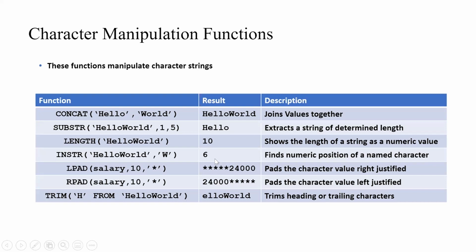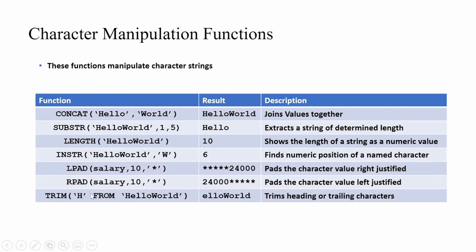Whenever we have 6 it is fine, but whenever we have 5 or 4, I want to cover up. Here salary is 10 characters wide, so whenever we have 10 letters, it's fine. But whenever it is not 10, we will have some blank spaces, and those will be padded with a star. So it pads the character value right justified or left justified: LPAD, RPAD.